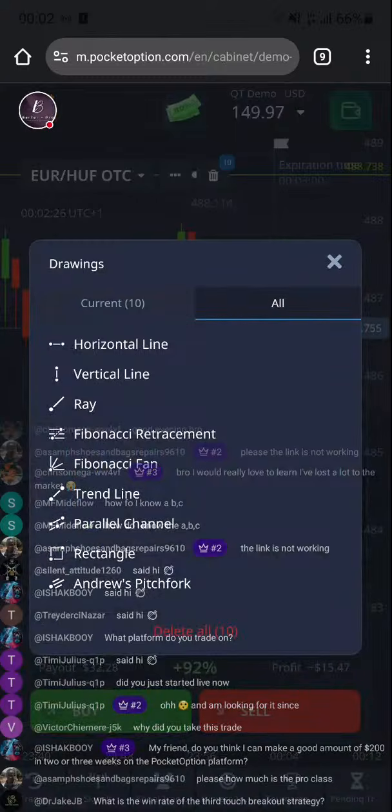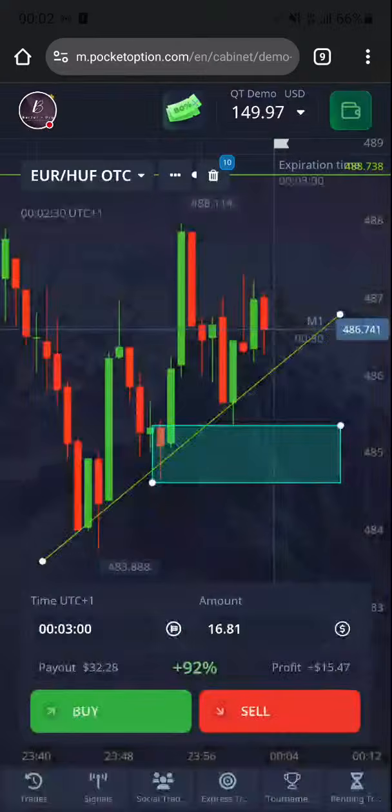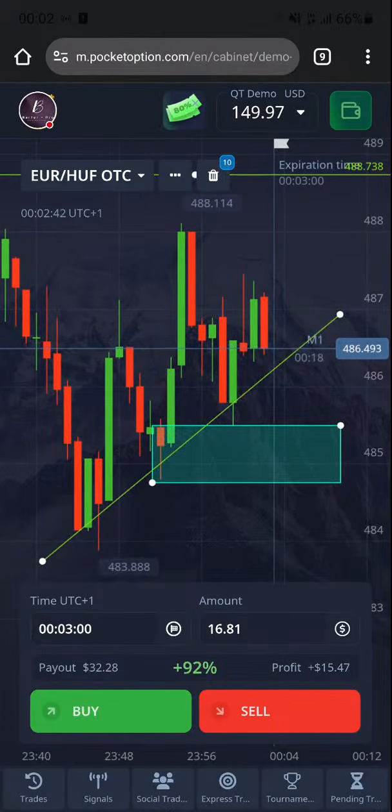What is the win rate of the third breakout? You mean third breakouts? The win rate is about 75%. Which means if you take 10 third breakouts in a day, you're most likely to win about 7 to 8 times.